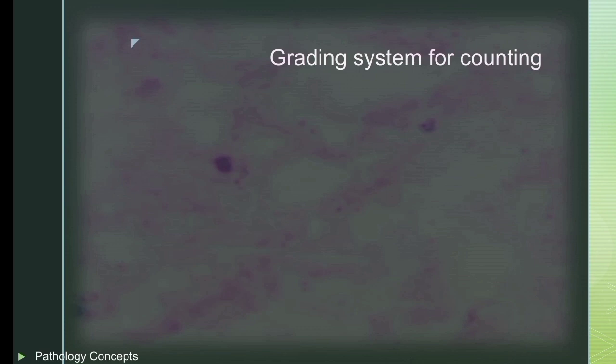Another system is a grading system for counting. To indicate the level of parasitemia or parasite density in the positive cases, the number of parasites in the thick smear was graded using a plus system scale.